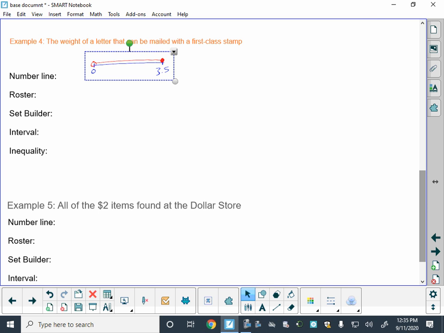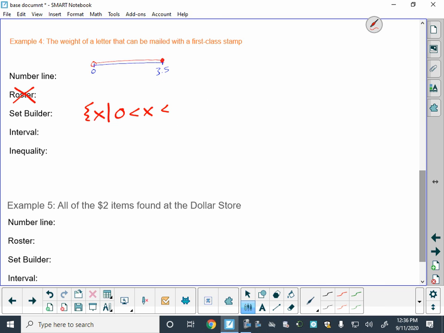The roster notation again is out, because this can cover all those weight possibilities in between there, there'd be no way to list them. Our set builder notation is going to be the set of all x, such that x now is trapped between 0 and 3.5. Let me write that correctly this time. 0 and 3.5, including the 3.5, but not including the 0.